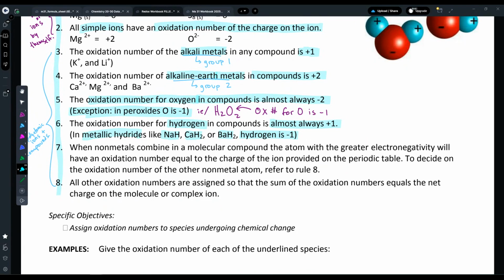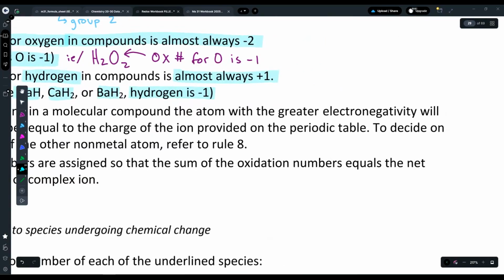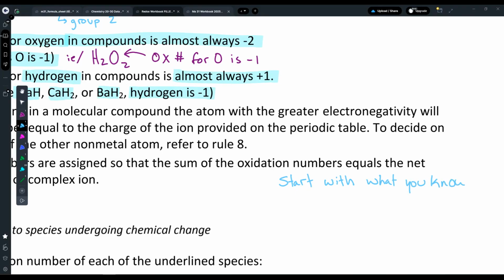With rules 7 and 8, the easiest way to go about those is to start with what you know for sure and leave the unknowns till last.